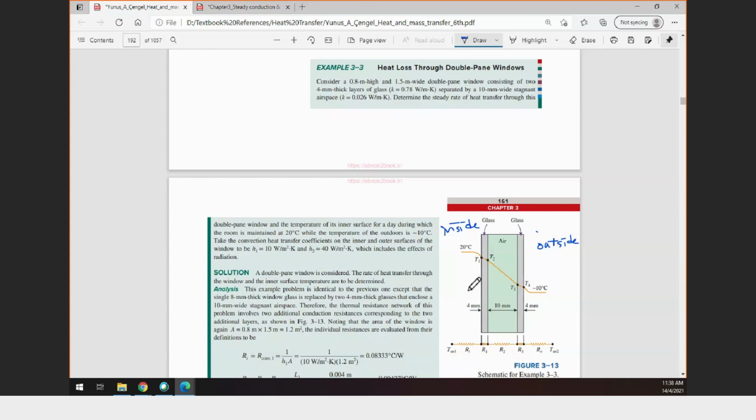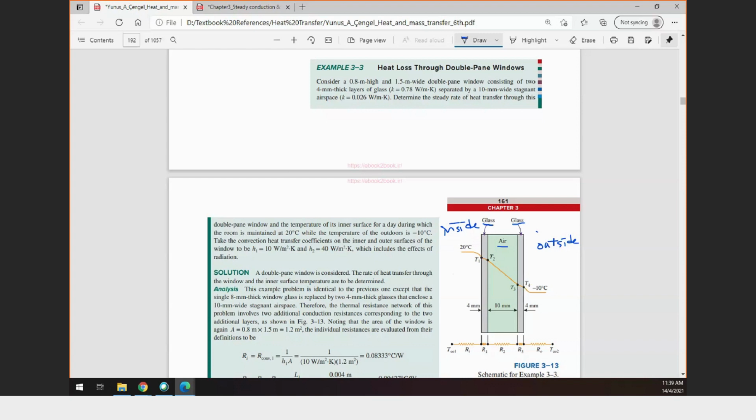So you draw this diagram: two glass layers with a gap in the middle. You have a glass on the first side and a glass on the other side, and you have the inside area where the temperature is 20.